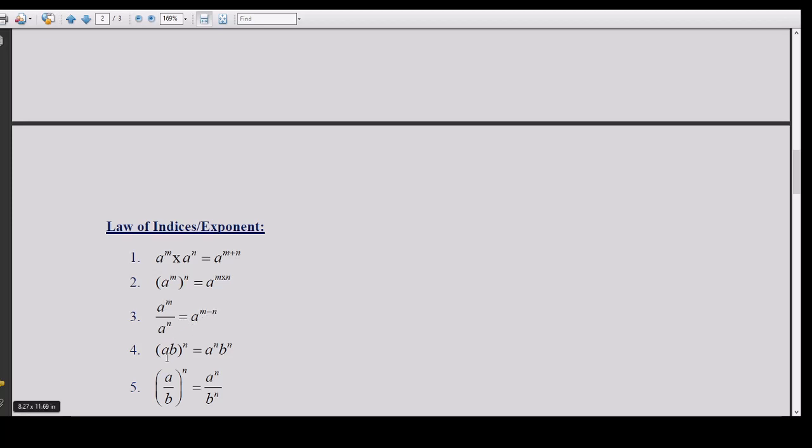Clear? (ab)^n, you can write separately as a^n multiply with b^n.